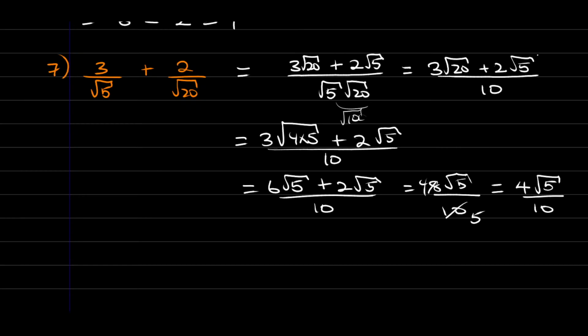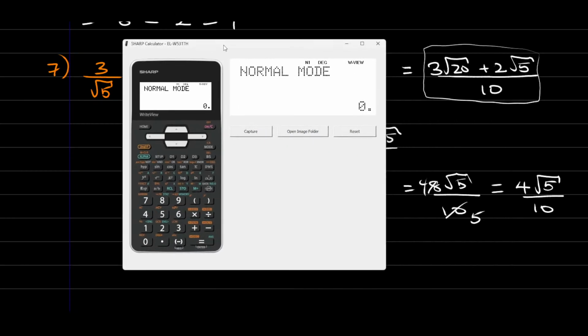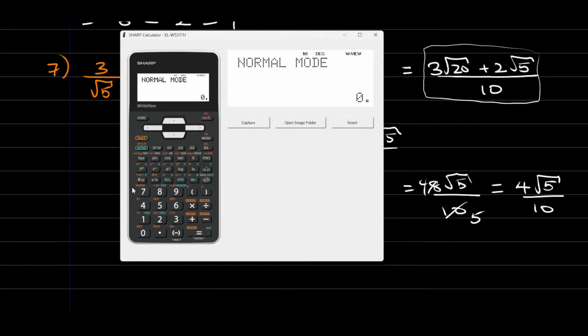Now at this point, I would have said, hey, finished. And because I was in a rush, I wouldn't bother to do anything. Let's show you how to go about checking that. Earlier when I started using my calculator, I got a decimal for my answer. Let's see what we get here now. My calculator is going to give me 3 root of 20 plus 2 root of 5, and down we get 10.